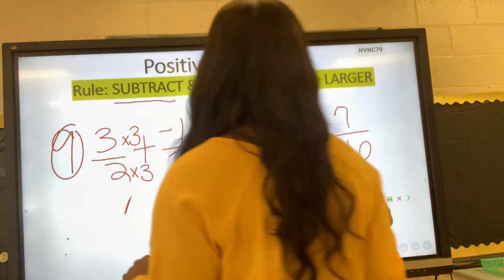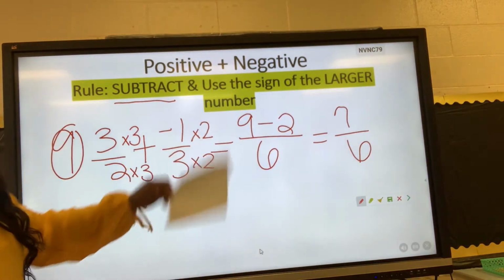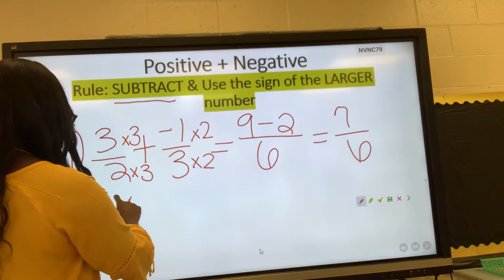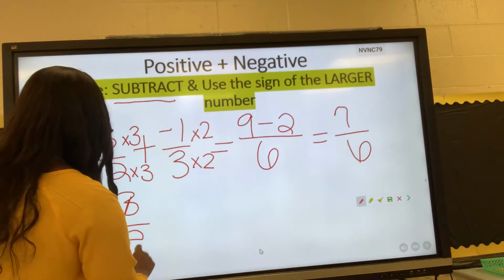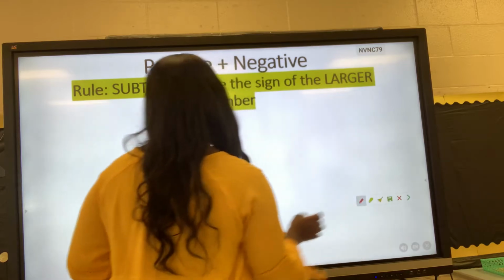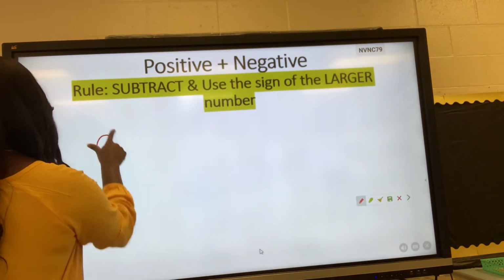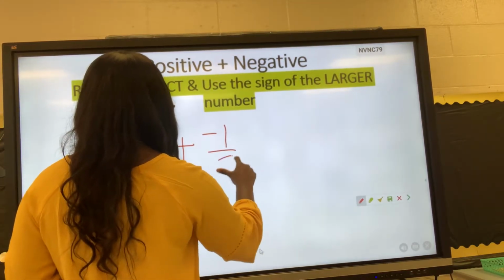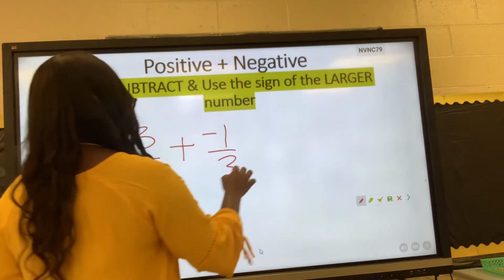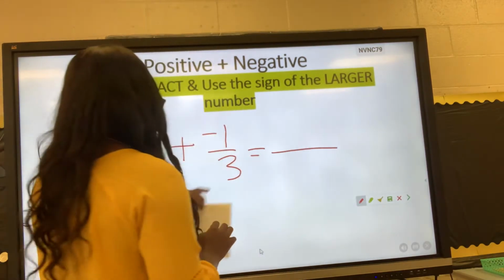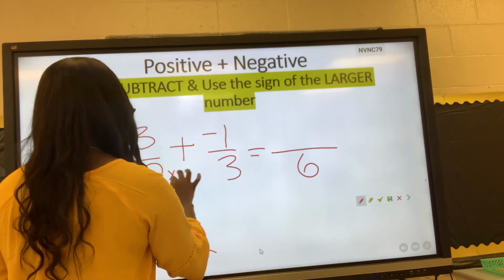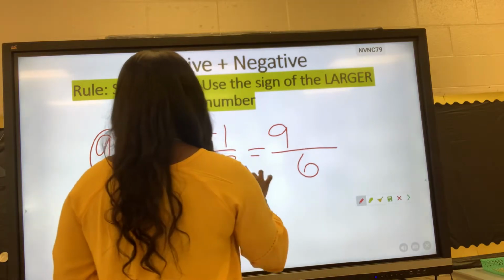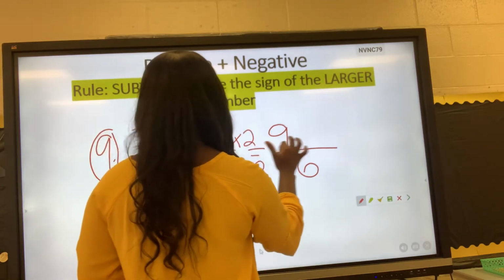Now, let's just say you don't like doing it that way and you want to do it this way. So what you can do is 3/2. I'm gonna rewrite it just in case you want to do it this way. Just do it whatever way feels comfortable for you. Okay, so we have the like denominator 6, multiply that by 3, we get 9. Now multiply this by 2, we get 2.